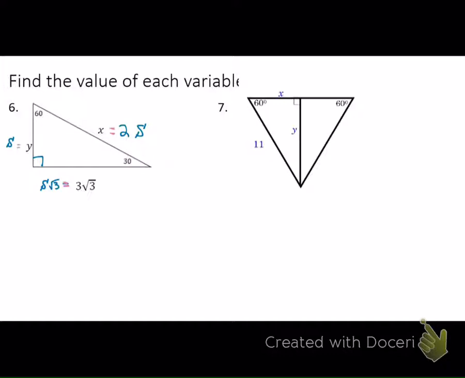It's the only one that has one unknown. And if you divide both sides by radical 3, what cancels out on both sides? The radical 3. So we're stuck with S's. So radical 3 divided by radical 3 is 1.